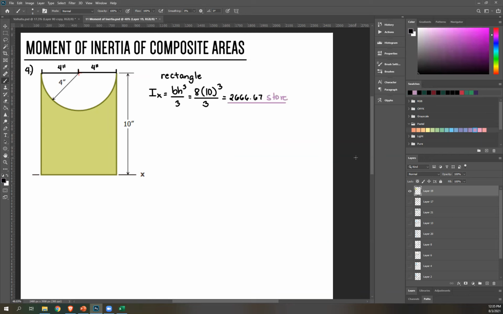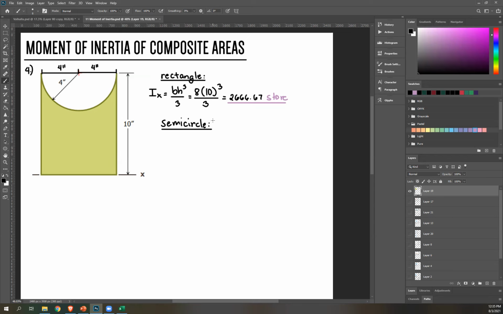Now, as mentioned earlier, the next shape would be a semicircle. Unlike your rectangle where we already know the moment of inertia about the base, since your x-axis is at the base, we don't have a direct equation for the semicircle.